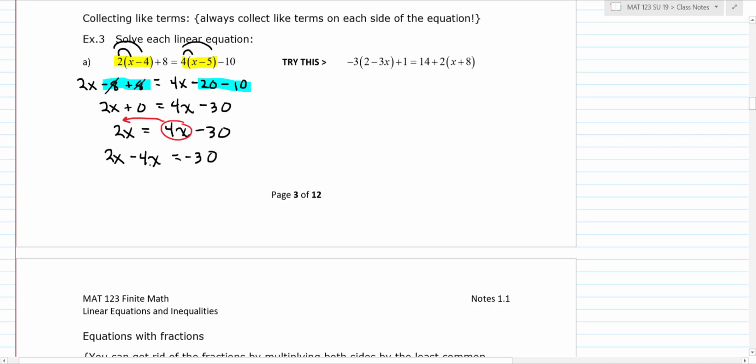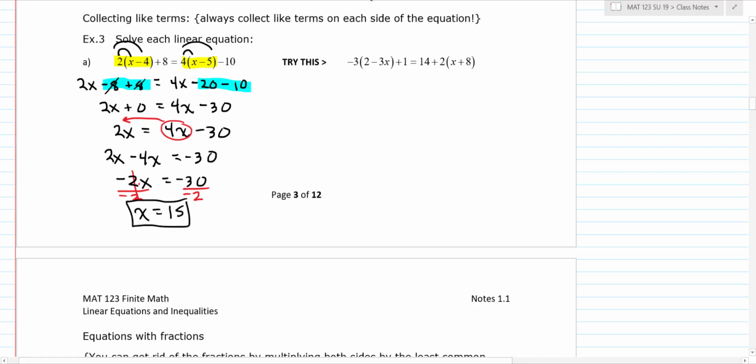Collect the like terms, 2 minus 4 is negative 2x, that's equal to negative 30, and then we close this off by undoing the multiplication by dividing by the same number. Always divide by the same number, okay? So we get x is equal to, and then you divide a negative by a negative, you get a positive.